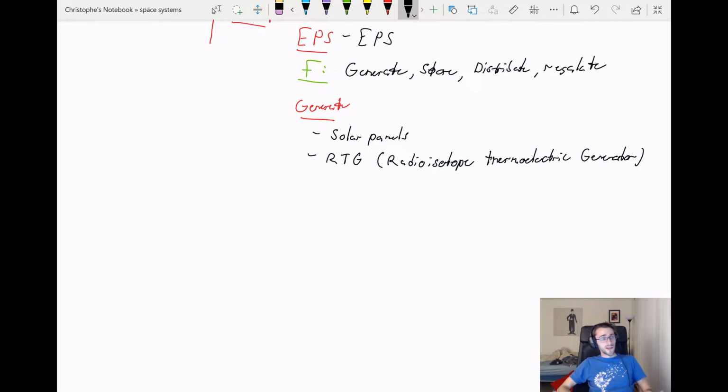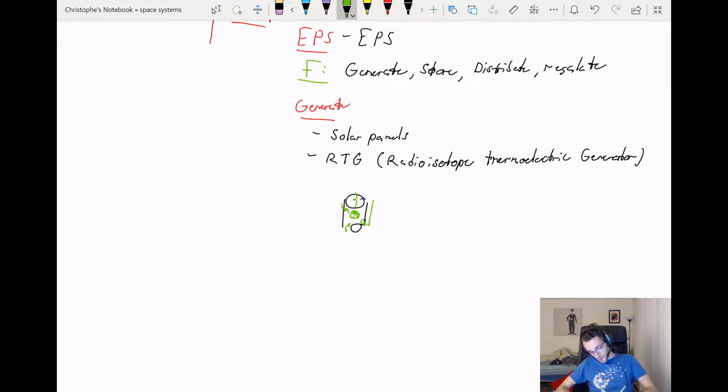And it basically takes advantage of the fact that if you put couplings of two different types of metal, because of their two different conductivities, if you induce a thermal gradient over that coupling of metal, you also generate a voltage potential in that metal. So basically what it does is it takes this radioisotope and puts it in a container. You've got your glowing green rock in here. It's giving off all sorts of radiation.